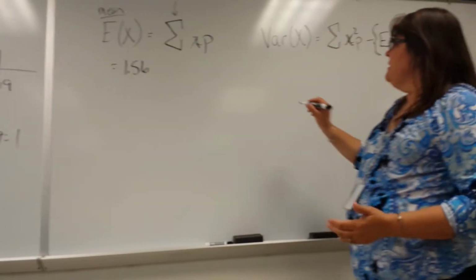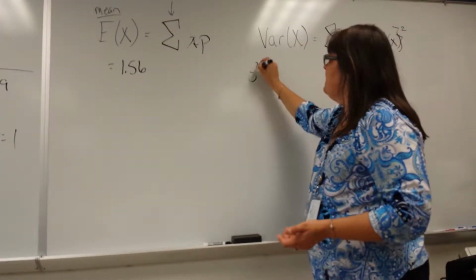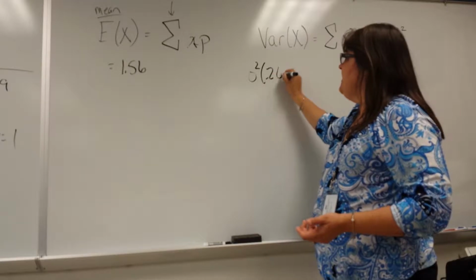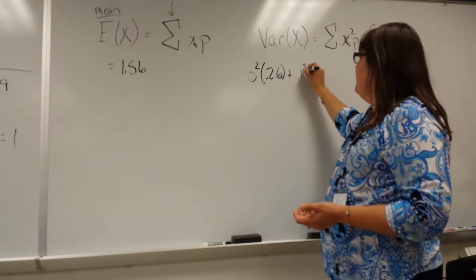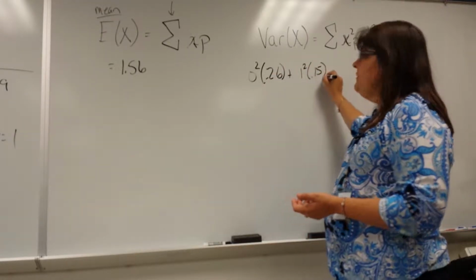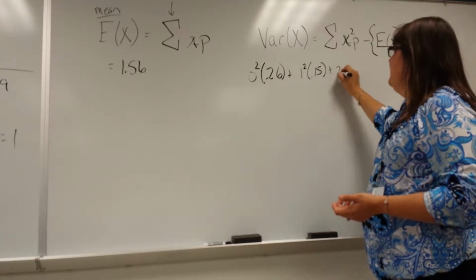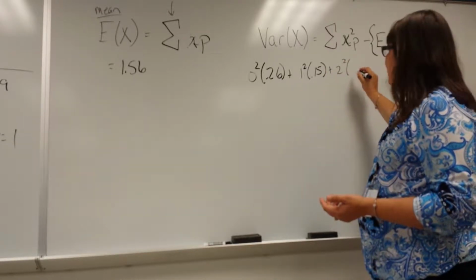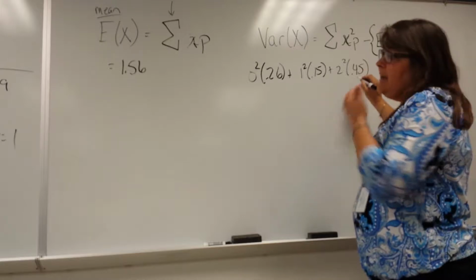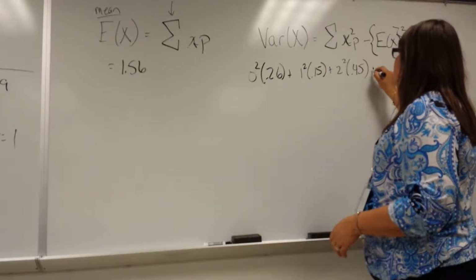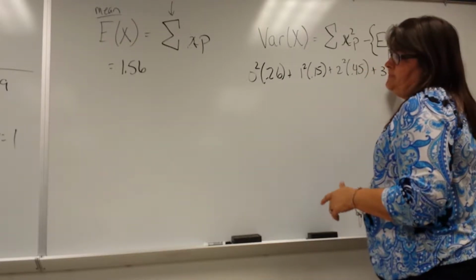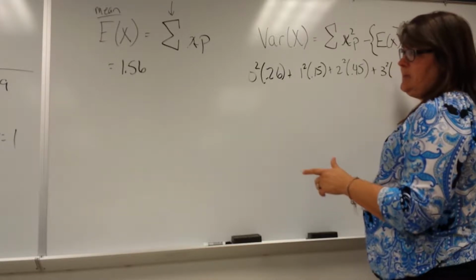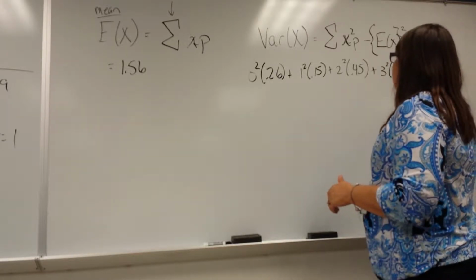All right, so variance of x. Kalia told me to take 0, square it, times 0.26, plus 1, squared, times 0.15, and so on.